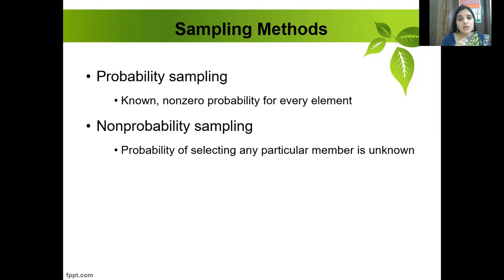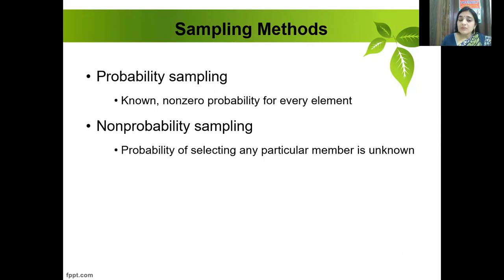For example, you have 1,000 people as your population, and you need to select 100 people out of that population as your sample. So you will be randomly selecting 100 people out of that 1,000, and these 100 people would have equal probability of getting selected as the sample of that particular study. This is called probability sampling.